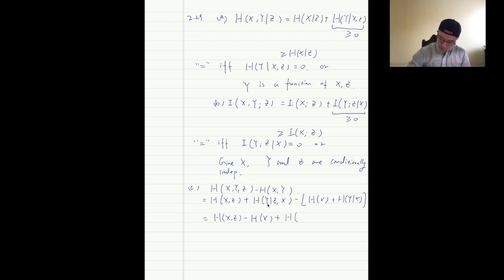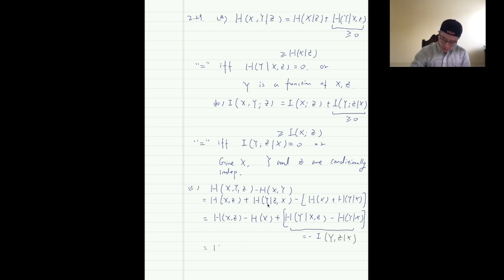So this is hy given x and z minus hy given x, right? Okay, and what is that? Right, this is basically minus the mutual information between y and z given x, right?